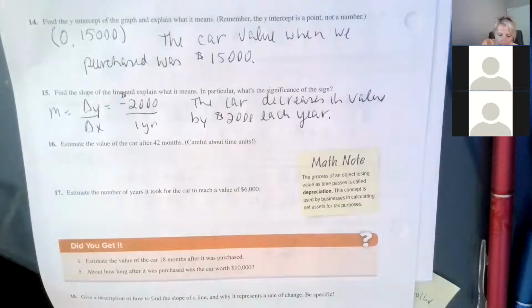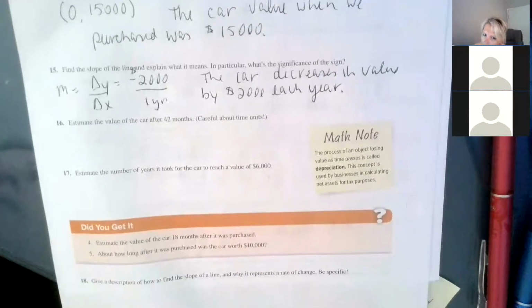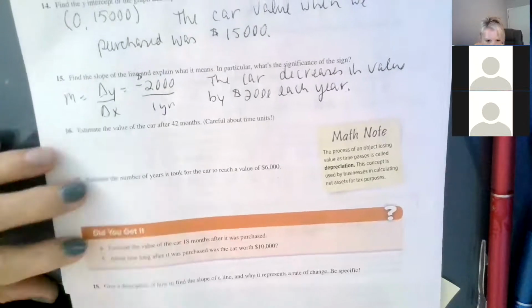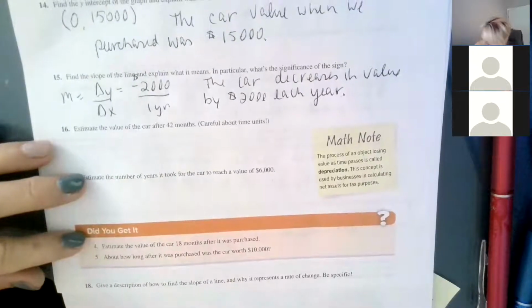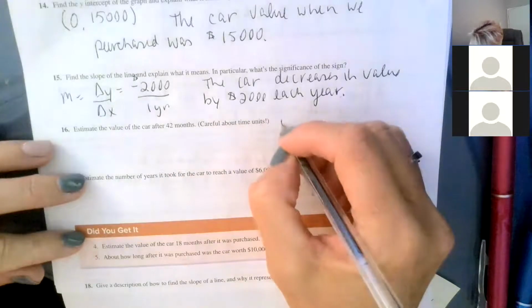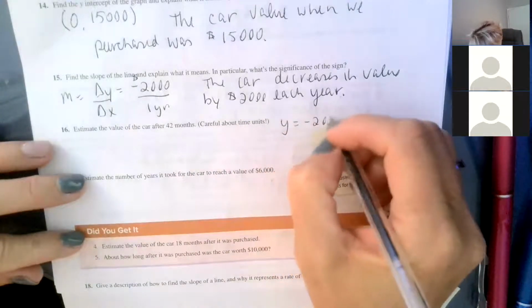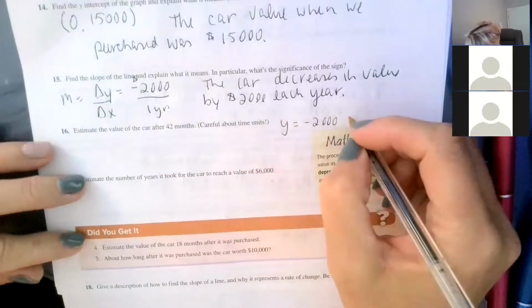So did anybody estimate the value of the car after 42 months? Yeah, I got 8,000 for the value. Okay, how did you get that? I did y equals negative 2,000 times 3.5 in parentheses because 42 months is 3.5 years.